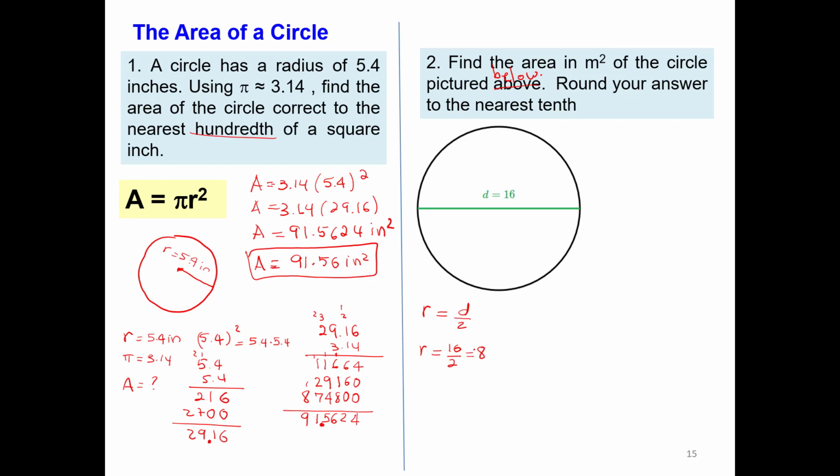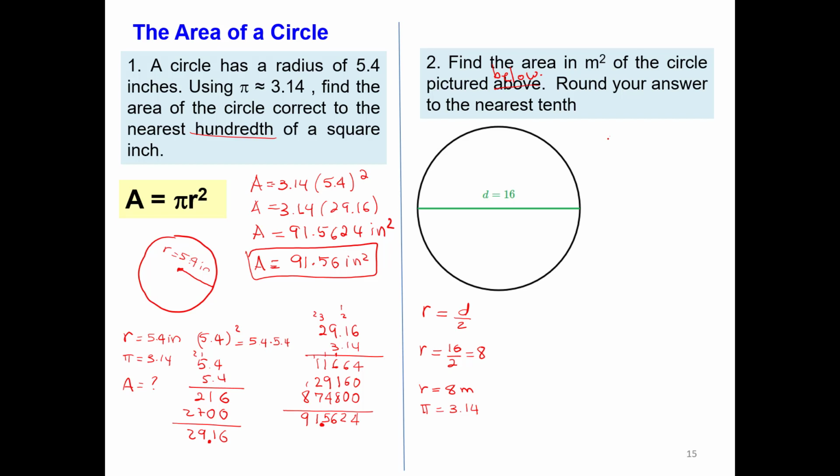Yes, the radius is 8, and the unit is meters because this is a distance. We know the pi value is always 3.14. Now we know the radius, and pi is a constant value, so we can calculate the area.